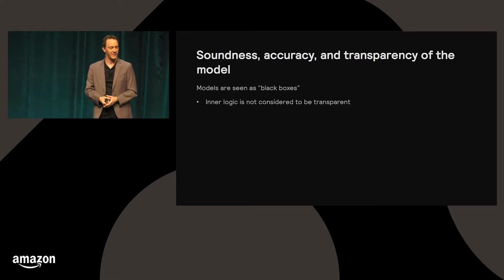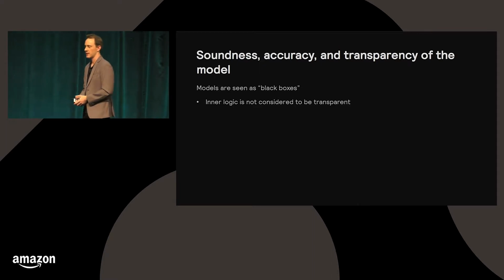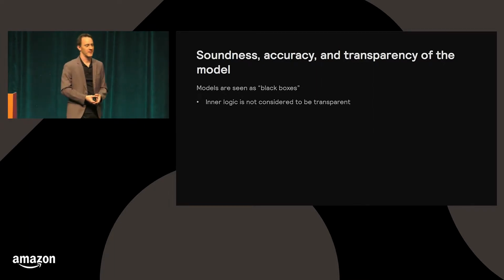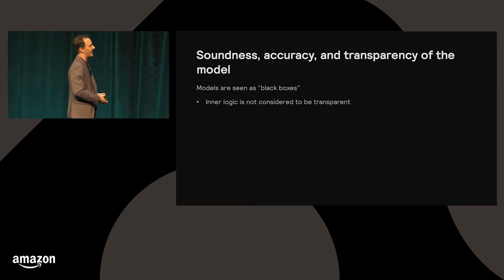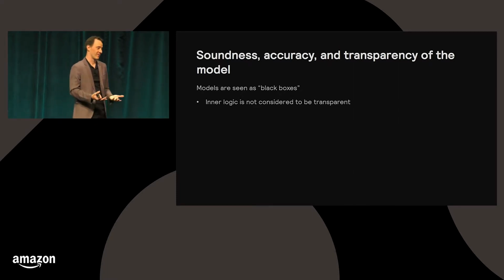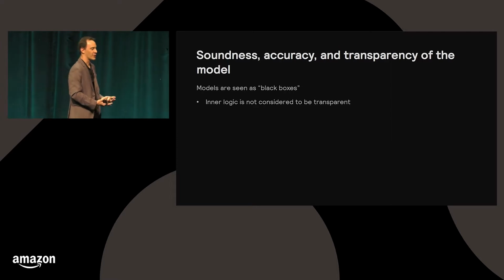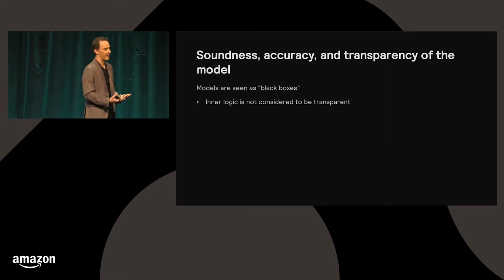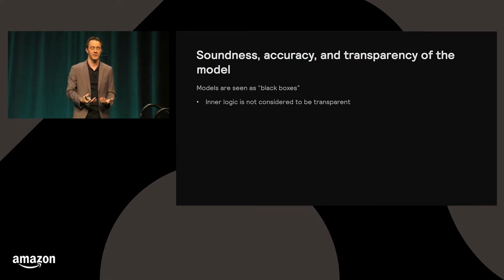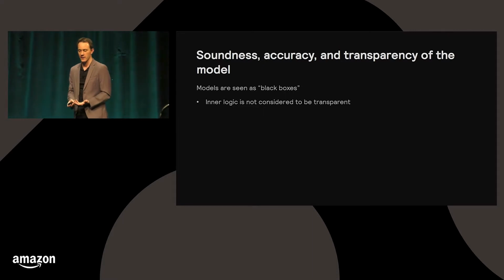So they say that the inner logic of those models is not considered to be transparent. And this is interesting, and this is mostly related to deep learning models, which are, as you know, hard to explain. It's complex math, different kinds of layers, different relationships. It could be explained, but it's quite hard.